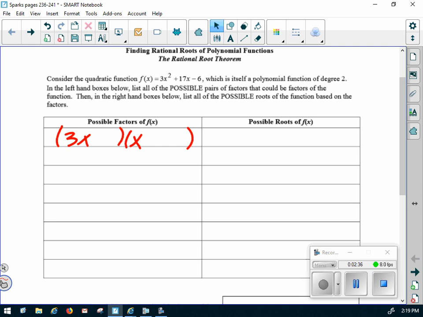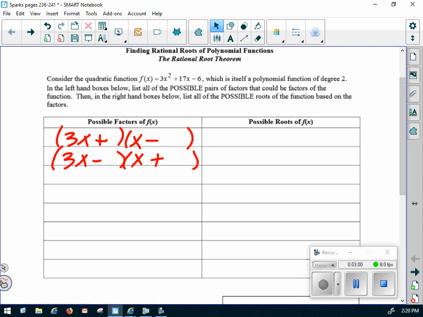And then my signs have to be different. Now, I don't know if the plus goes with the 3x or if the plus goes with the x. So I might have a 3x plus and a 3x minus, but I might have a 3x minus and an x plus, right?